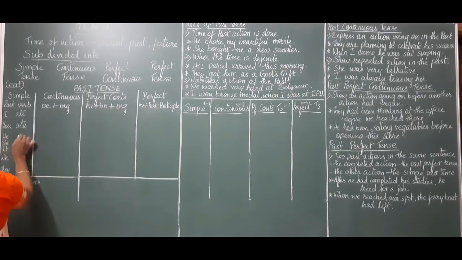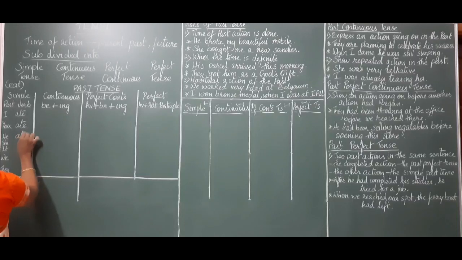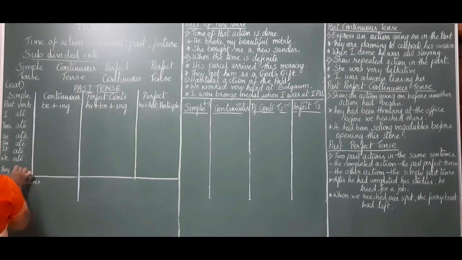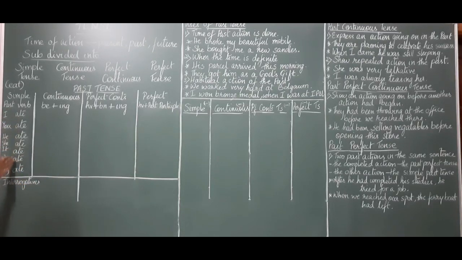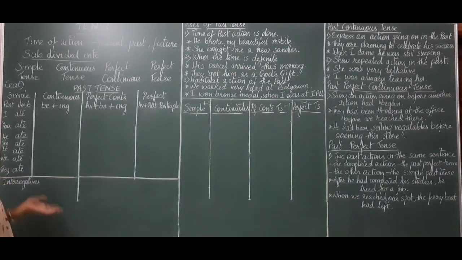Third person: he ate, she ate, it ate, we ate, they ate. So the past tense verb. We call this a simple past tense when we use only the past tense verb with the subject.